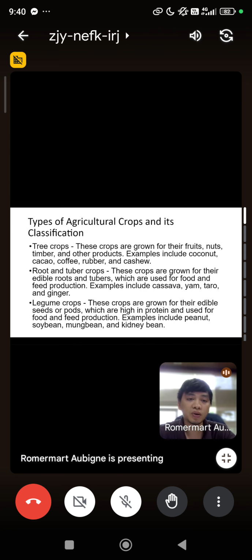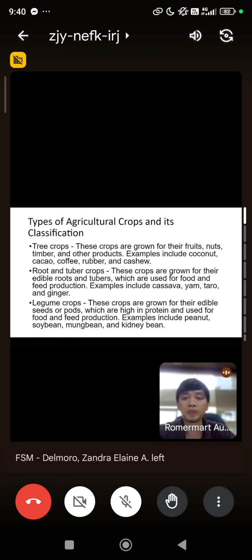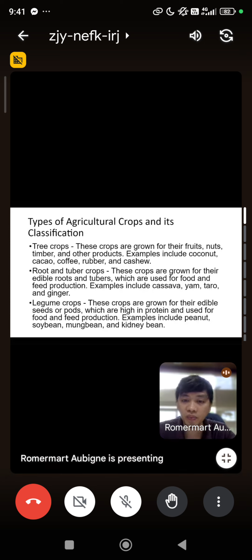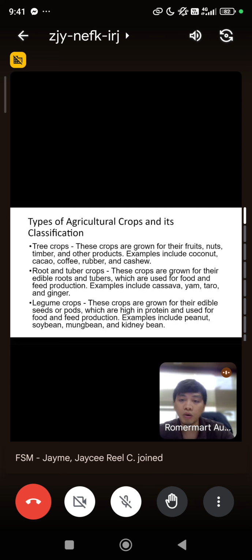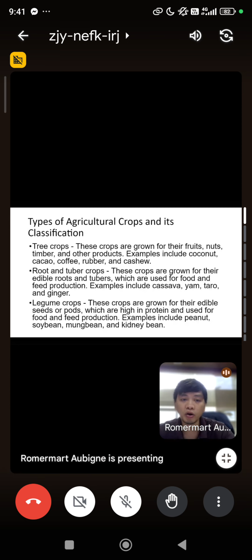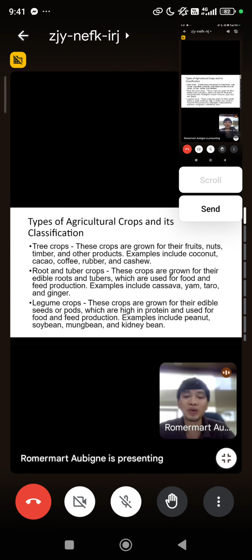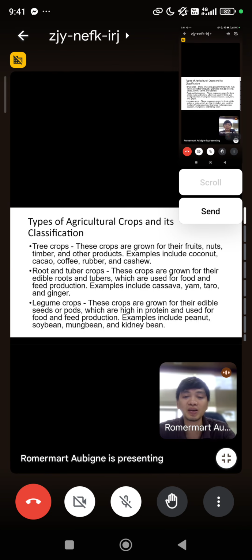Another classification of the types of agricultural crops: we also have tree crops. These crops are grown for their fruits, nuts, timber, and other products. Examples include coconut, cacao, coffee, rubber, and cashew. For the roots and tuber crops, these crops are grown for their edible roots and tubers which are used for food and feed production.